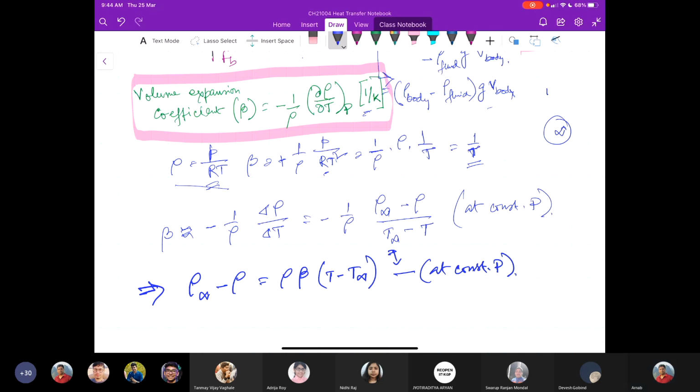So the density difference and the temperature difference, we express in terms of the beta.